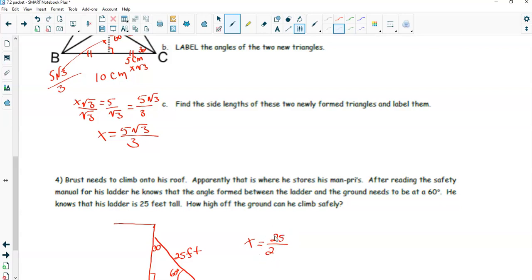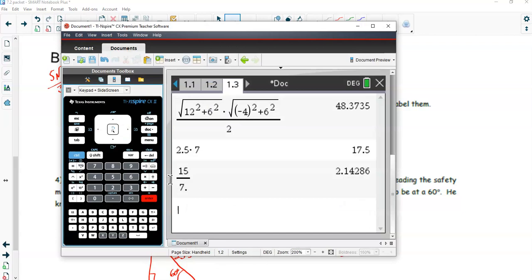Then take this and multiply it times the square root of 3. So that'd be 25 halves square root of 3. To find how high that is, or this is x square root of 3. It's this, right? Okay, so I'm just gonna put that in the calculator.